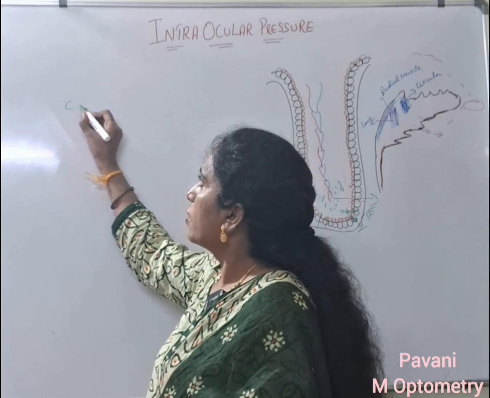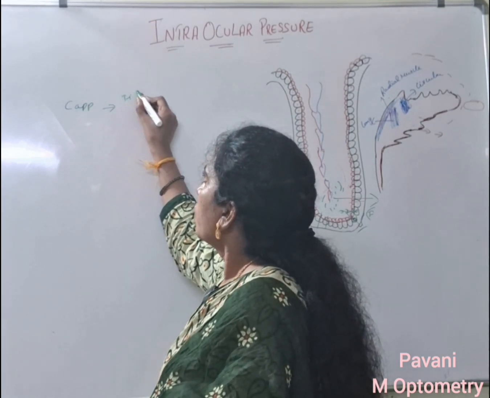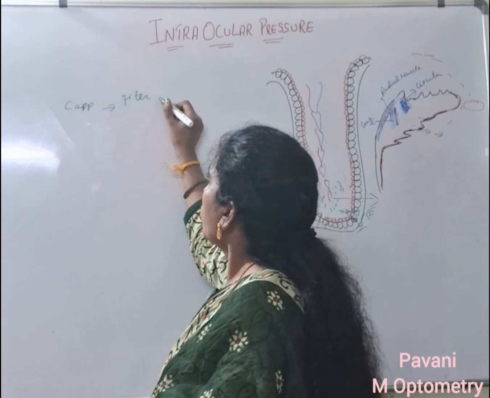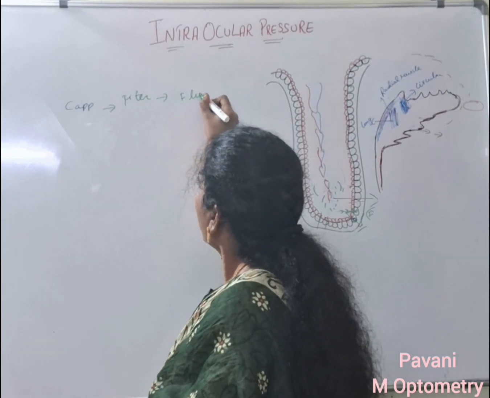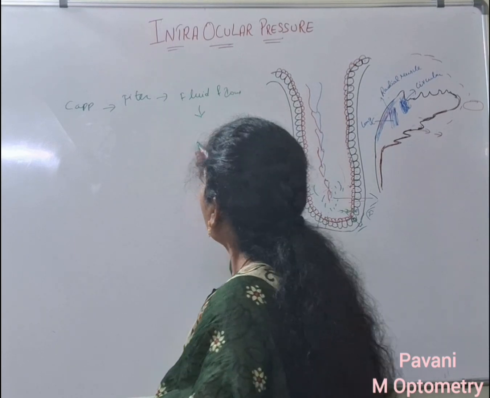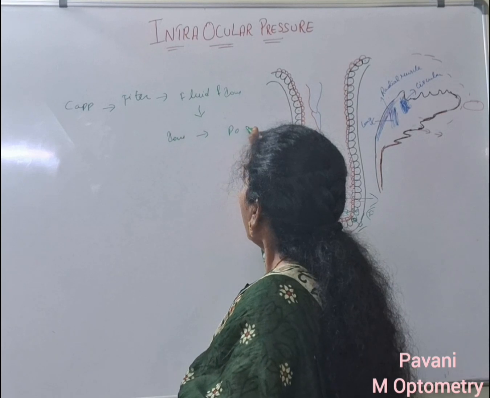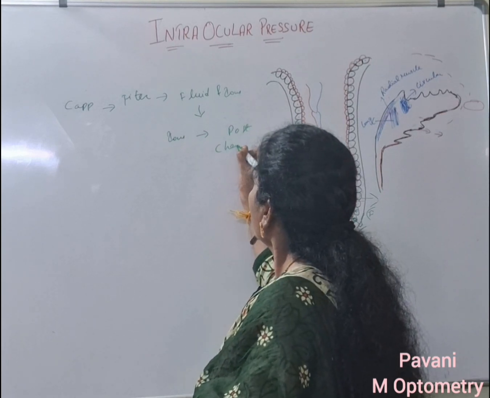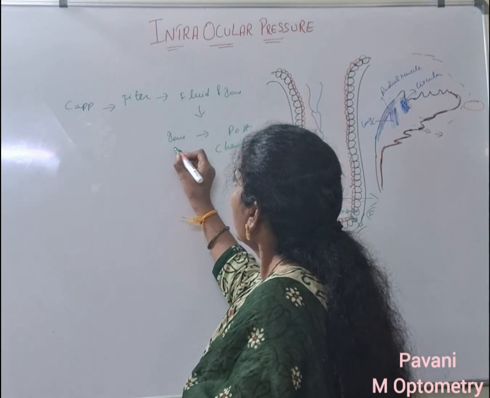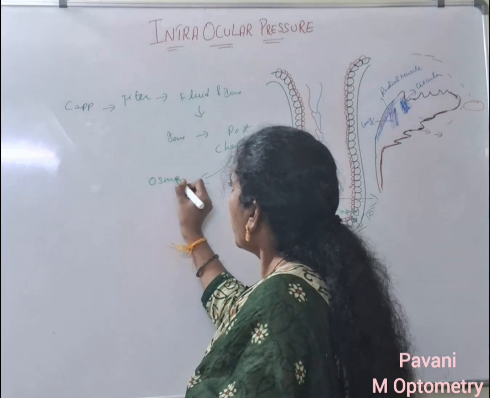Quick flowchart here. First, the capillaries filter out the fluid and ions. These ions enter the posterior chamber, and here osmosis takes place.